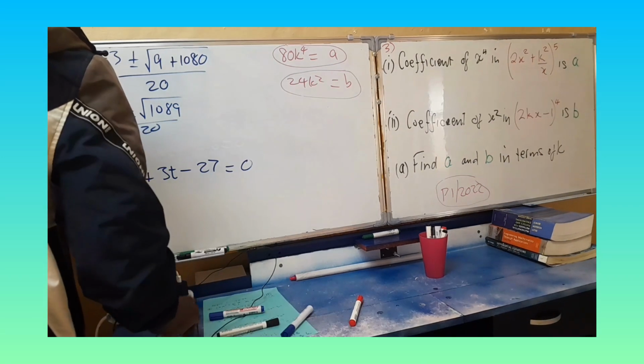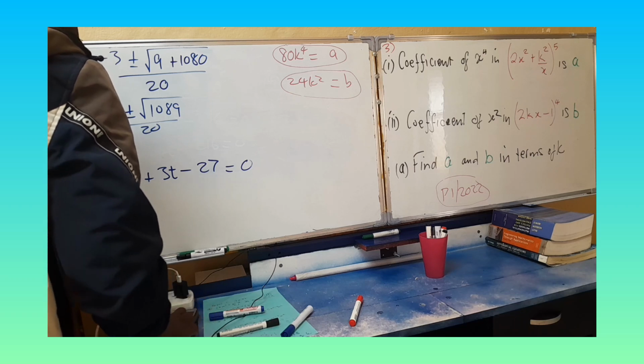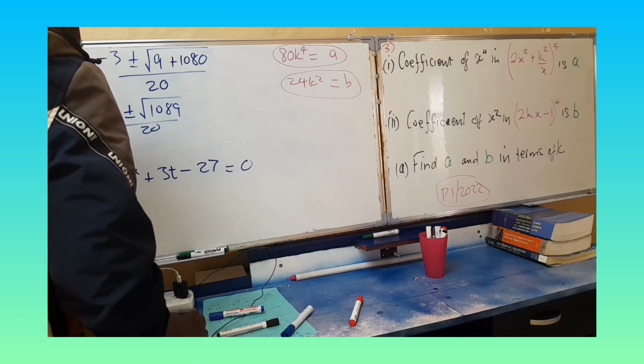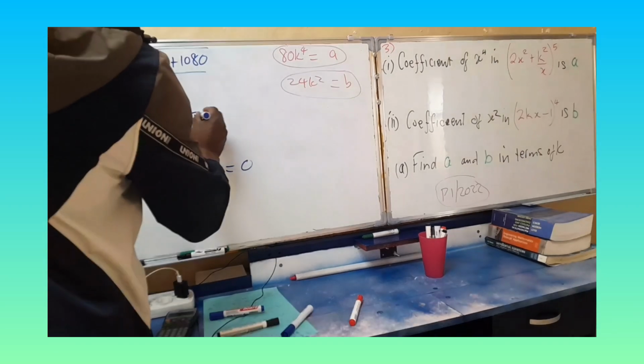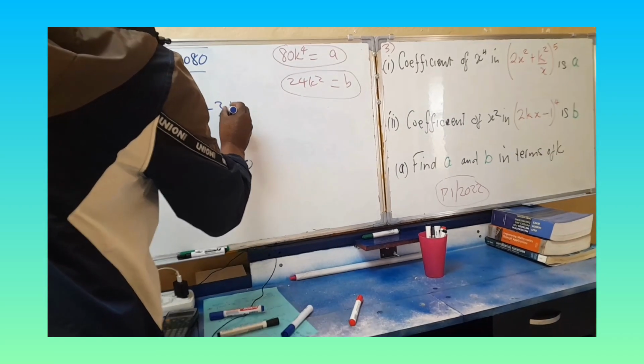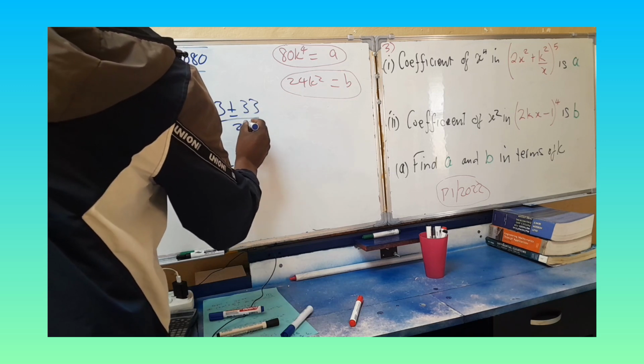The square root of 1089 is 33, so minus 3 plus or minus 33 over 20.